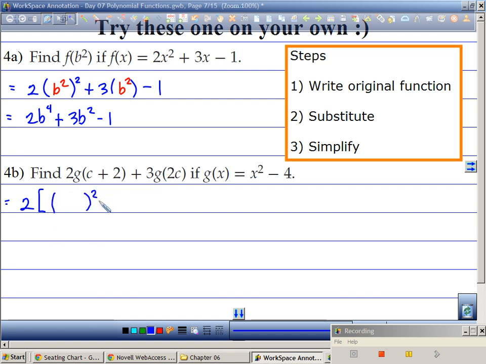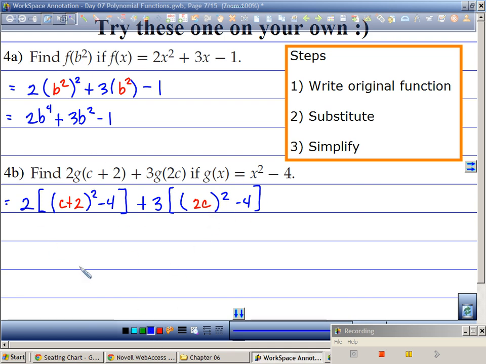The machines function on a quantity squared minus 4. Another company wants 3 of the same type of machines that functions on a quantity squared minus 4. What does the first company input in? C plus 2. And what does the second company input in? 2c.